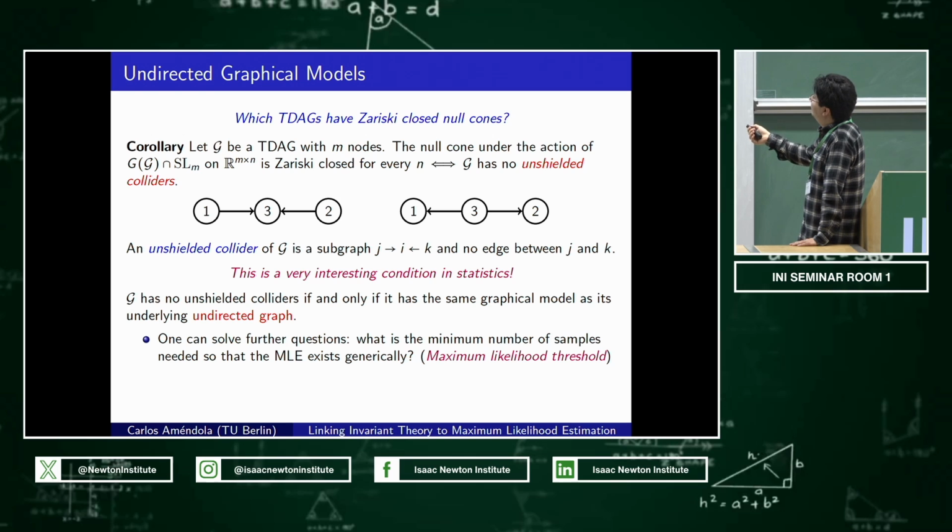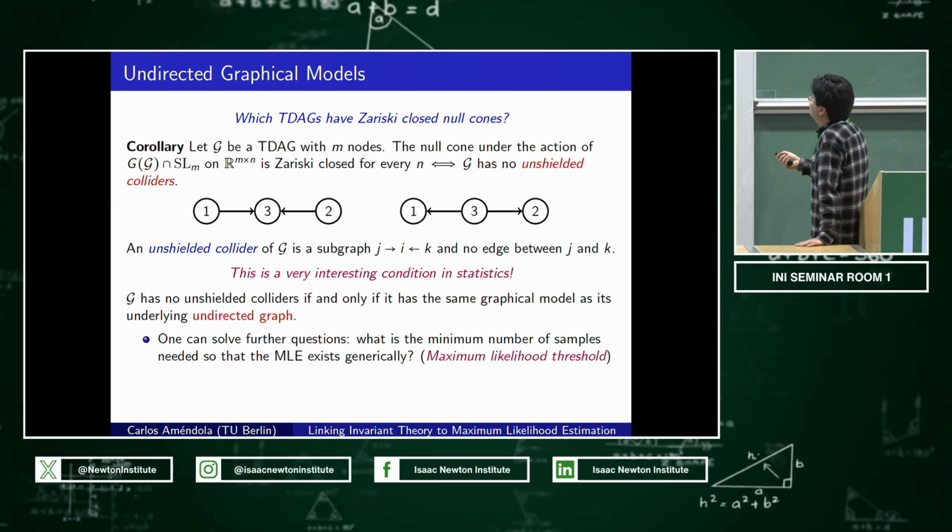It's called unshielded because if there were an edge between 1 and 2, we wouldn't call it an unshielded collider; it would be a shielded collider. So an unshielded collider is a subgraph like this, where there's no edge between the 2 parents. In graphical models, sometimes people call this immoral. If you don't have this, it would be a moral graph. Otherwise, this is an immoral graph.